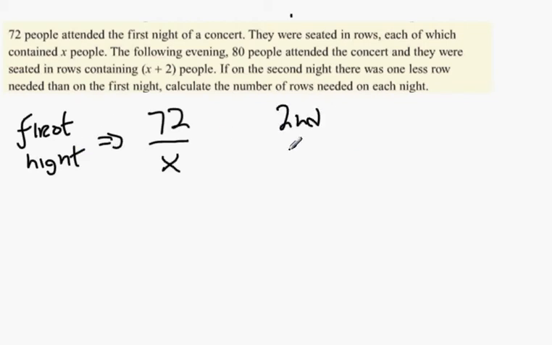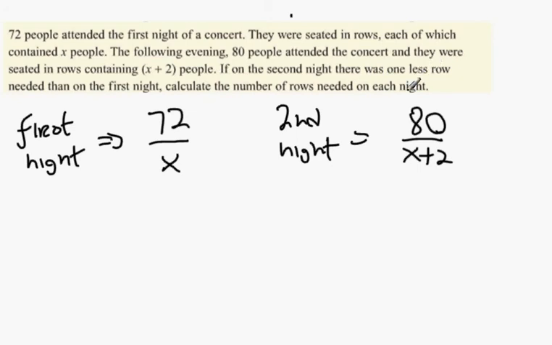The second night has 80 people, and they have rows with x plus 2 people in each. Now, if on the second night there was one less row needed than on the first night, calculate the number of rows needed on each night.